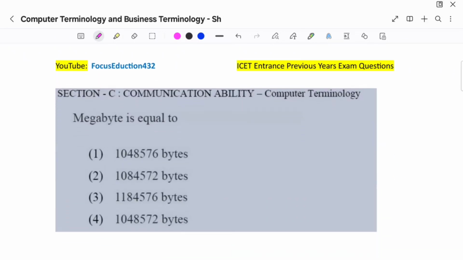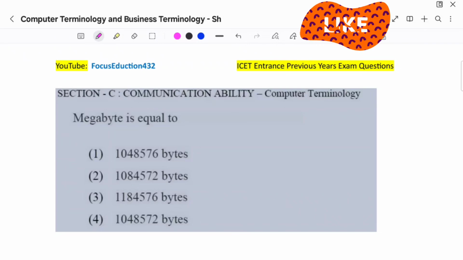Now next question. In computer terminology, 1 megabyte is equal to what? You will be seeing the file size when you have some picture, text or CV: 1 MB, 2 MB or 2.5 MB.